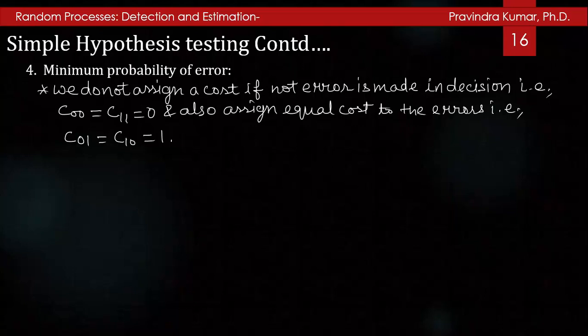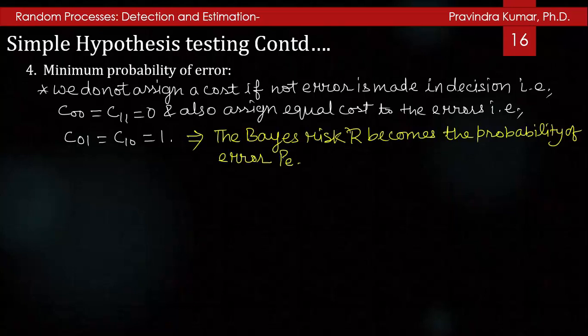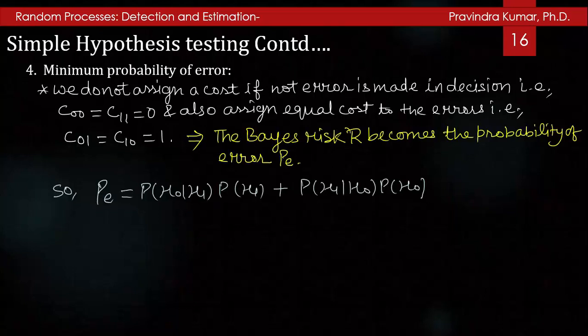Now the Bayes risk becomes the probability of error, you know this thing. So the probability of error is equal to the Bayes risk R, and it is the conditional probability P(H0|H1) times probability of H1 plus the conditional probability P(H1|H0) times probability of H0.